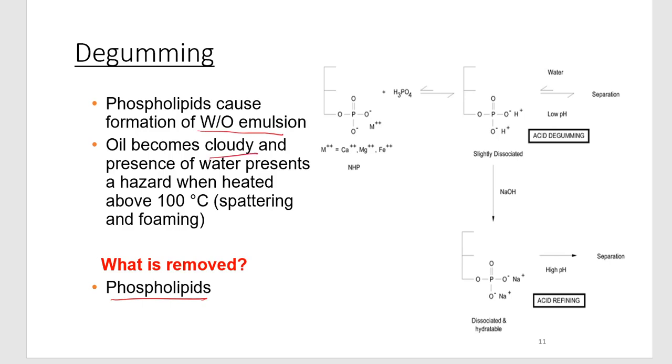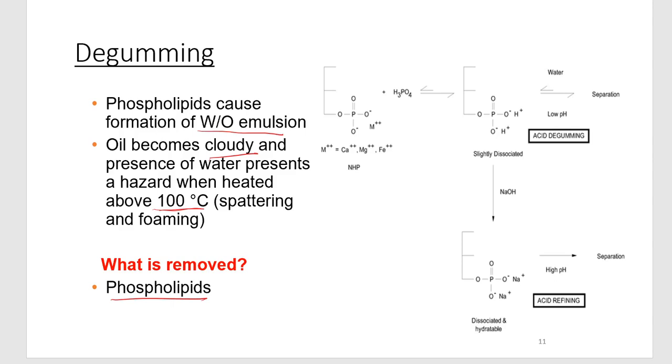The water in oil emulsion can also present a hazard when heated, especially above the boiling point of water, which is 100 degrees. It can cause spattering and foaming.